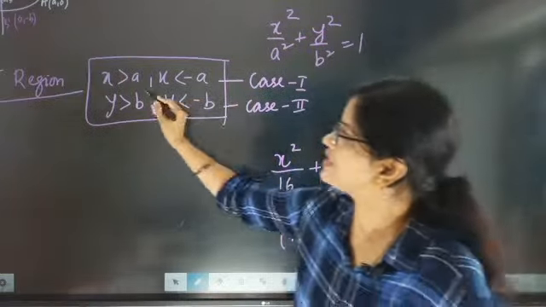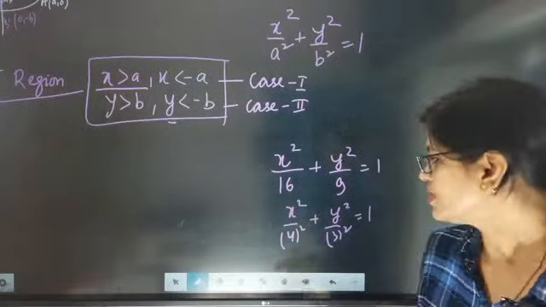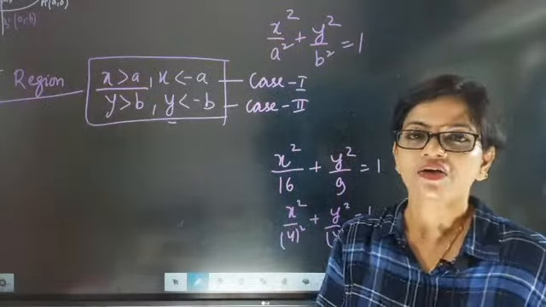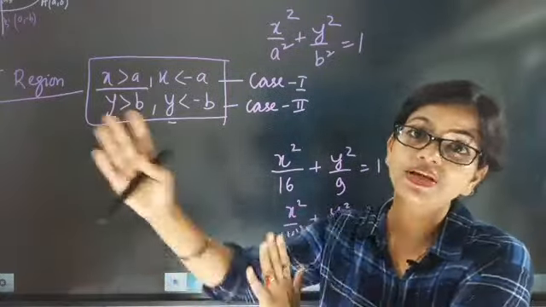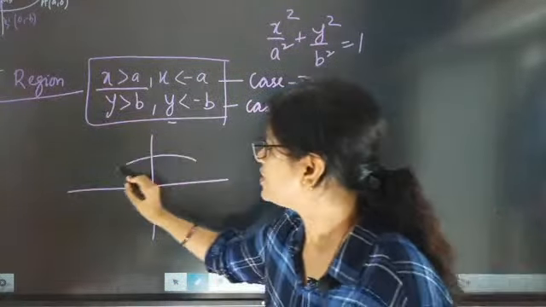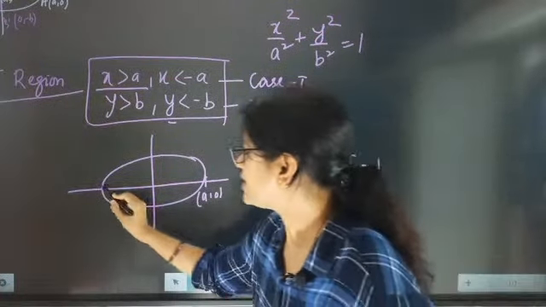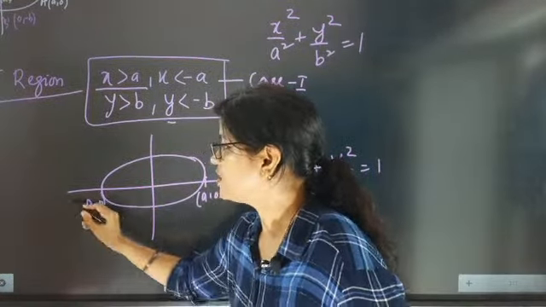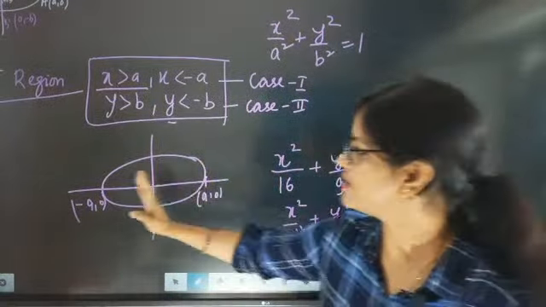Because they are asking, can we take x greater than a? Will there be any curve in the region when x is greater than a? Because we know in the ellipse the final point is a comma 0 and here minus a comma 0. There is no curve region beyond here and this side.